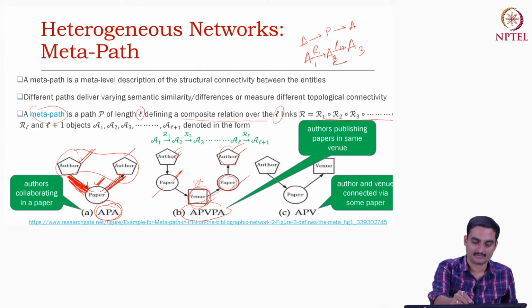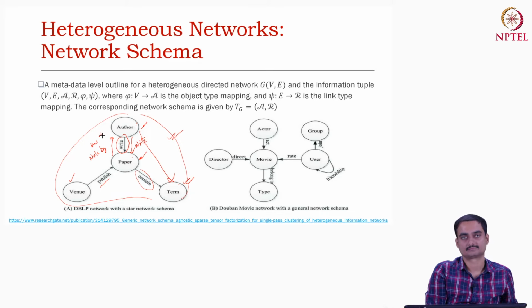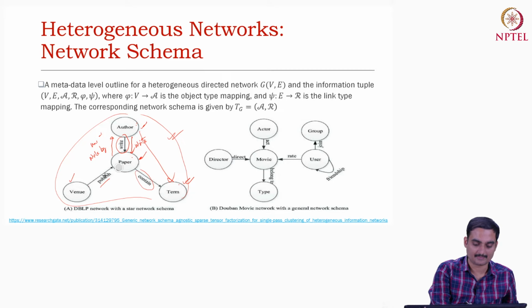Remember one thing: if there is a link from author to paper and the relationship type is write, there is another link from paper to author with the relation type written by, or write inverse. There is a relation from venue to paper through publish.